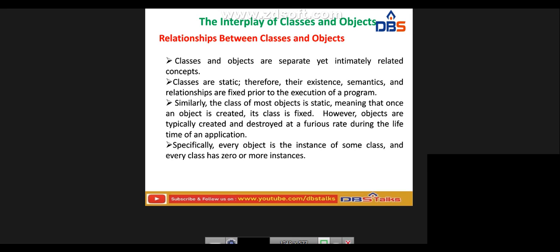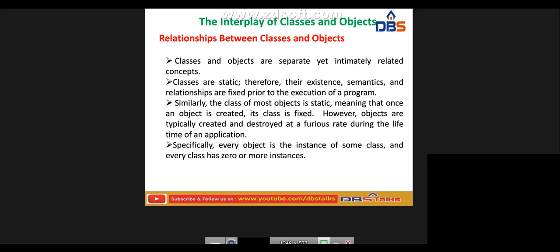Similarly, the class of most objects is static, meaning that once an object is created, its class is fixed. So when the object is created, automatically the class will be fixed. However, objects are typically created and destroyed at a furious rate during the lifetime of the particular application. Lifetime means based upon the creation and destruction of the particular object.